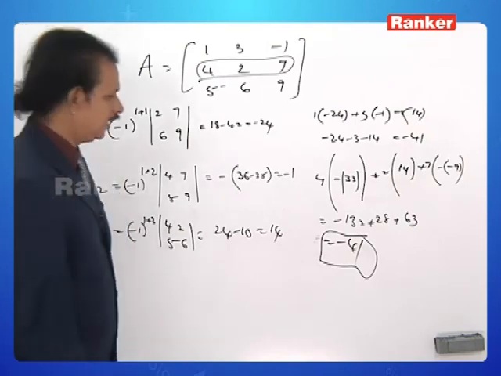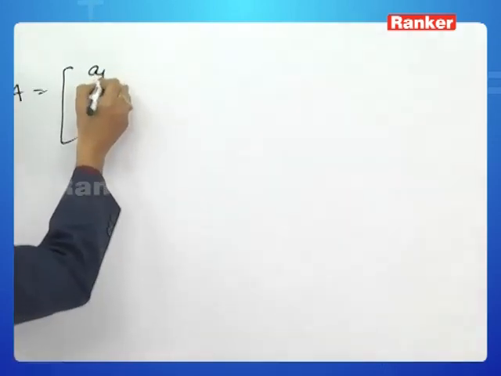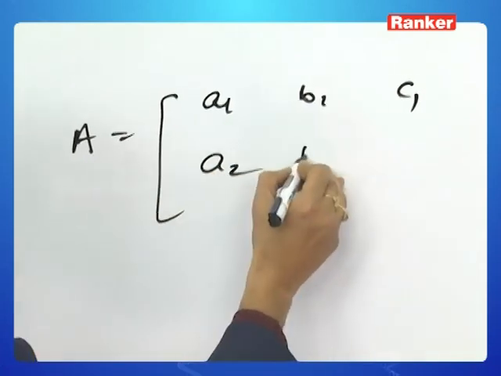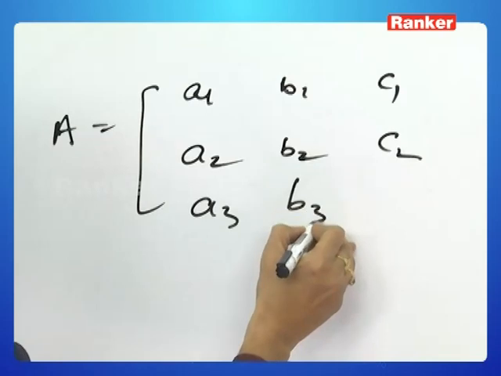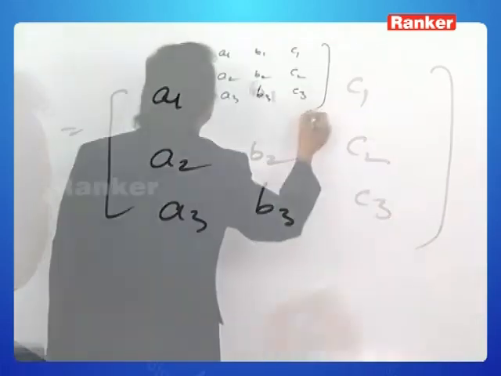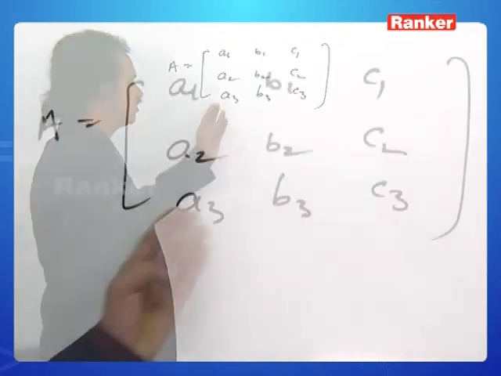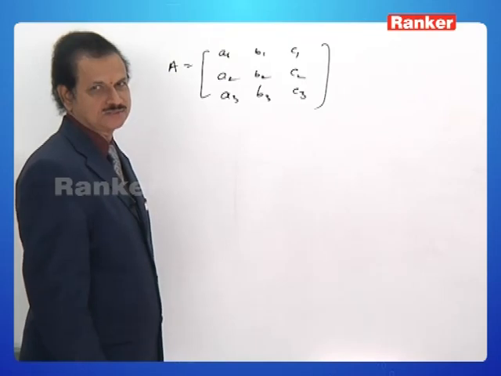Isn't it? Okay. Suppose capital A is equal to the matrix with rows a1, b1, c1; a2, b2, c2; a3, b3, c3. Let me represent the cofactors of these corresponding letters with their corresponding capital letters.